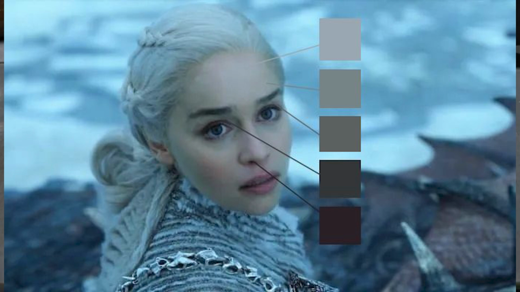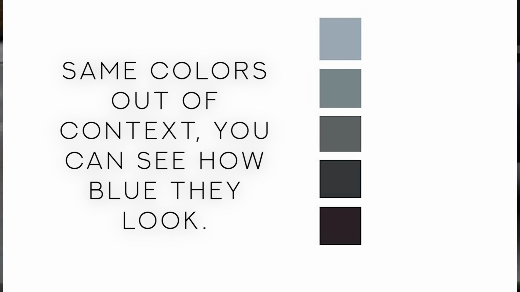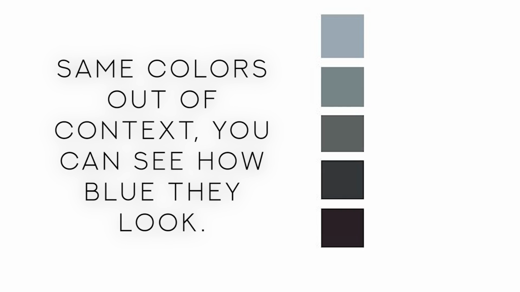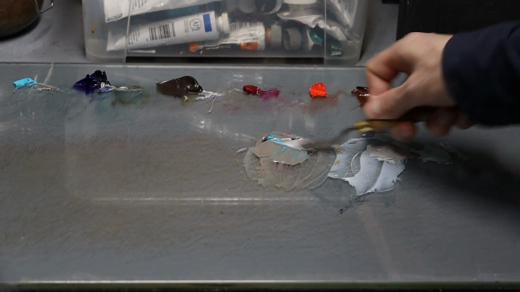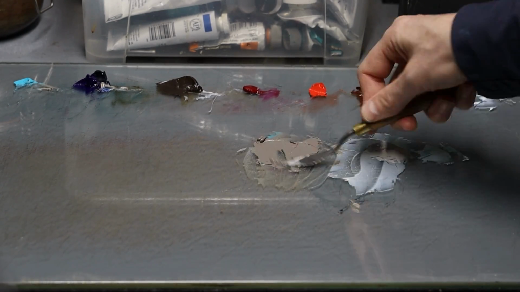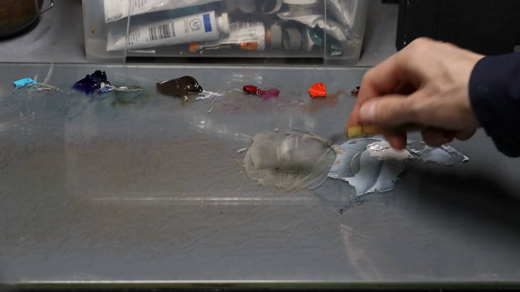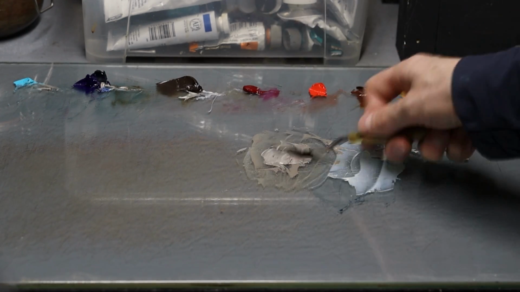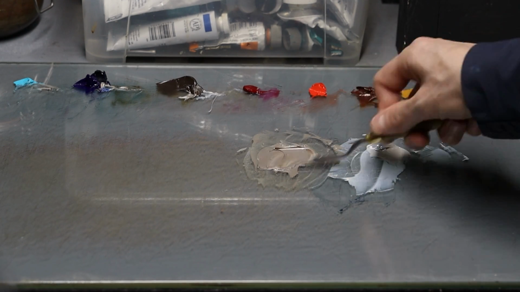If you look at the color of Daenerys without the right context around it, you wouldn't really think those are flesh tones. A very simple way to paint flesh tones like this is to use the same pigments as usual, but add an extra 25 to 30% cyan or blue to the mixtures.